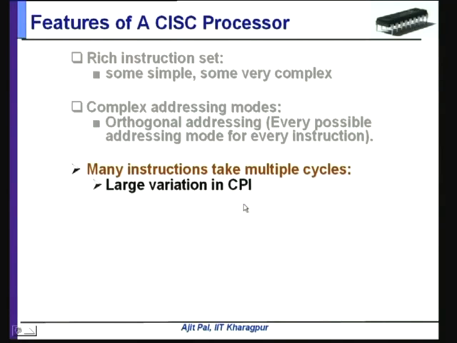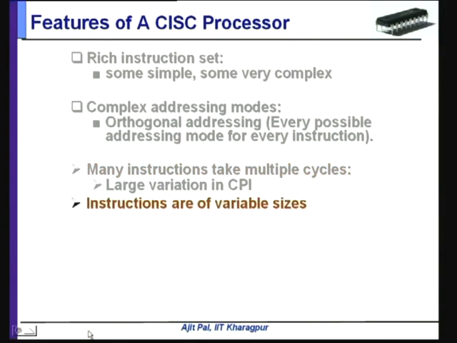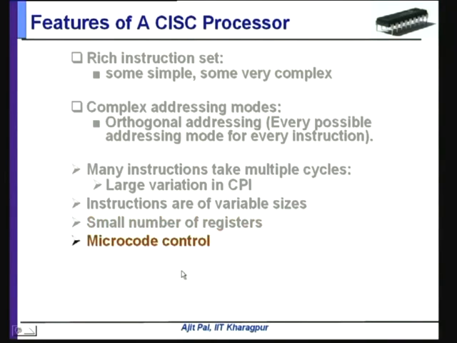Some instructions may take 1 cycle, some 2 cycles, some 10 cycles, depending on the complexity of the instruction. Then instructions of variable sizes, and a small number of registers, because it is primarily a register memory architecture. So, one operand is in the register, the other operand is from the memory. That is why you require a small number of registers.